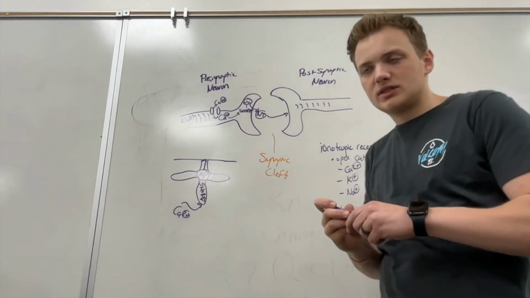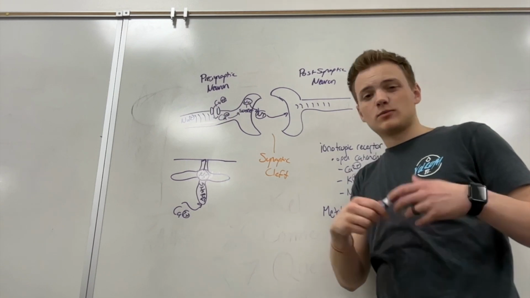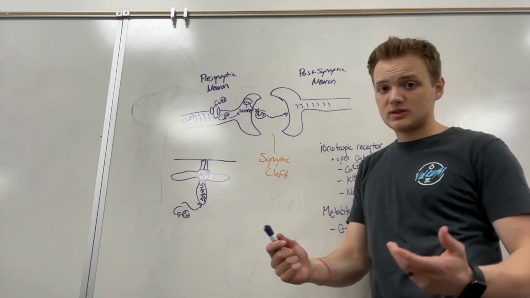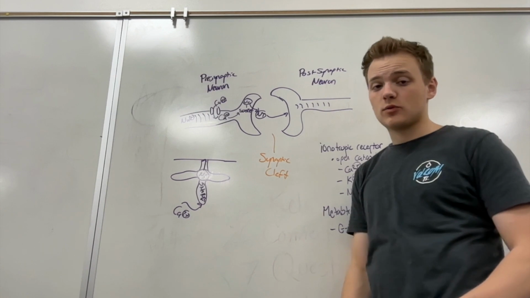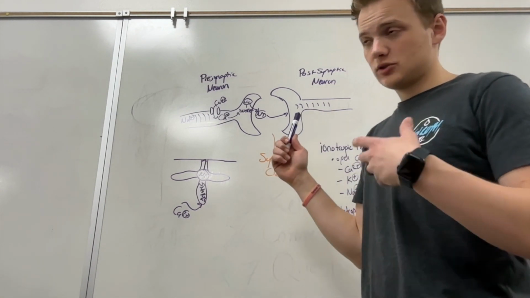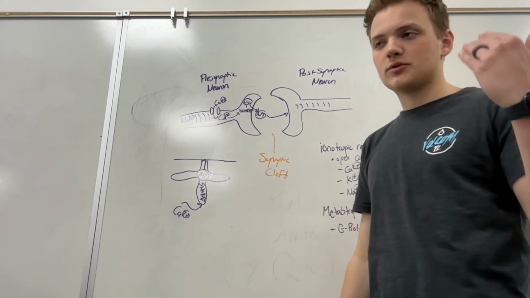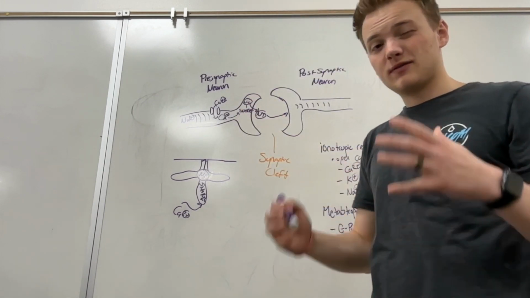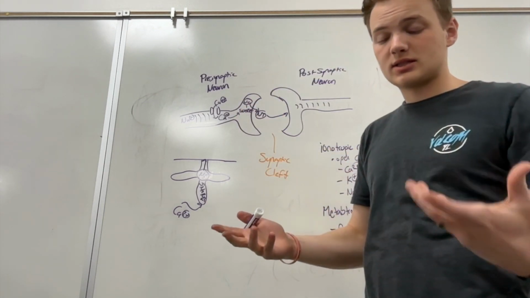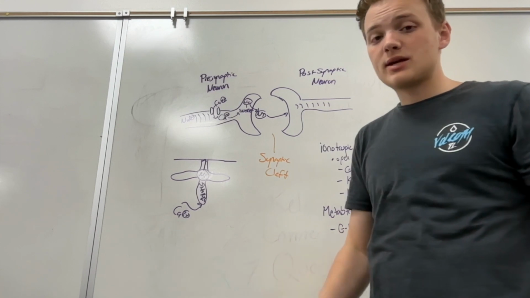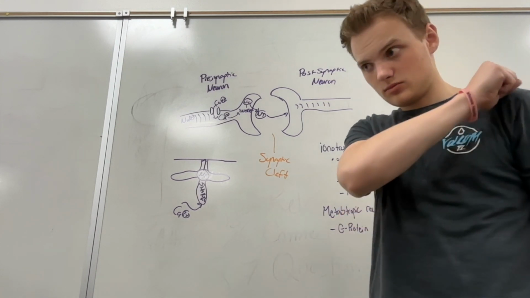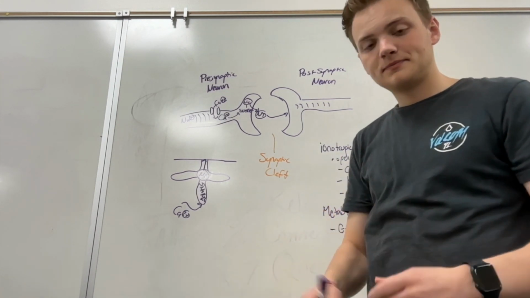G protein sequences, their whole goal is to propagate more and more signals. Really common one, let's take for example, is the IP3 DAG pathway. IP3 essentially gets activated by G protein, it goes through, and the IP3 goes and releases a ton of intracellular calcium, which allows the cell to do a bunch of other stuff. Point being is it's signal propagation that makes a huge effect.